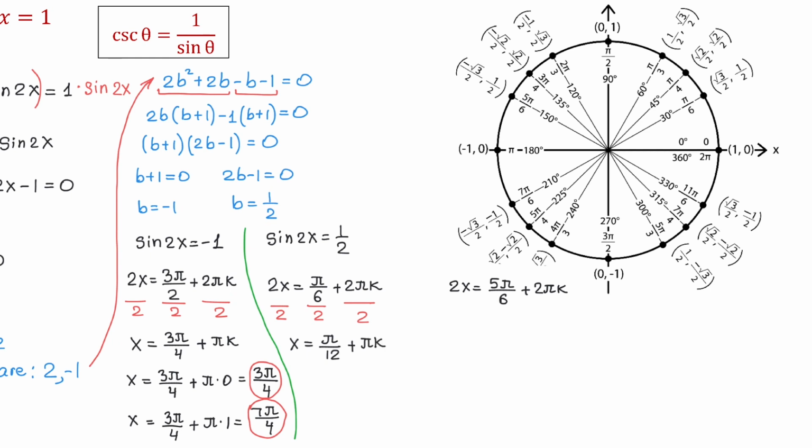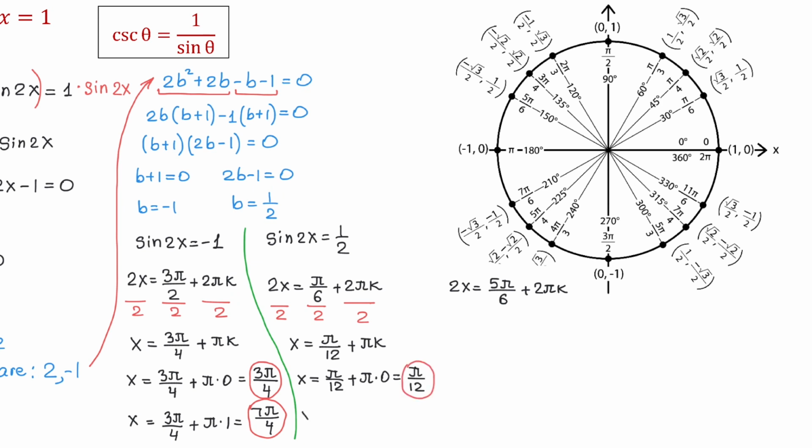And now to find the values of x on the interval from 0 to 2 pi, we will start by replacing k with 0. Then x equals pi over 12 plus pi times 0, and this equals pi over 12.